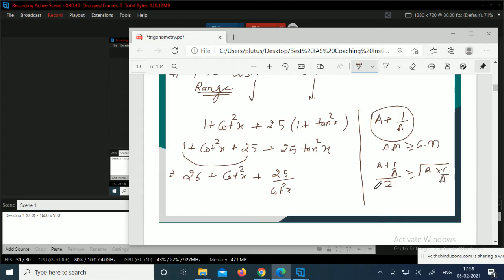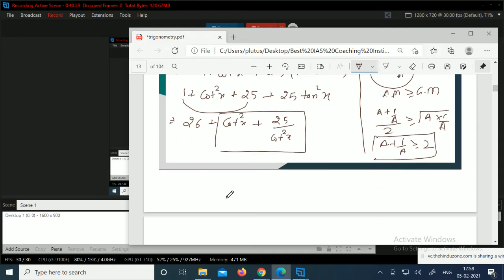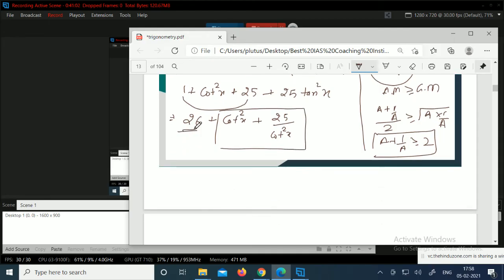So we simply say a plus 1 by a is greater than or equal to 2. Do you have this idea? We use this whenever the quantities are reciprocal. So if I apply AM-GM in this, this is a constant value, 26.